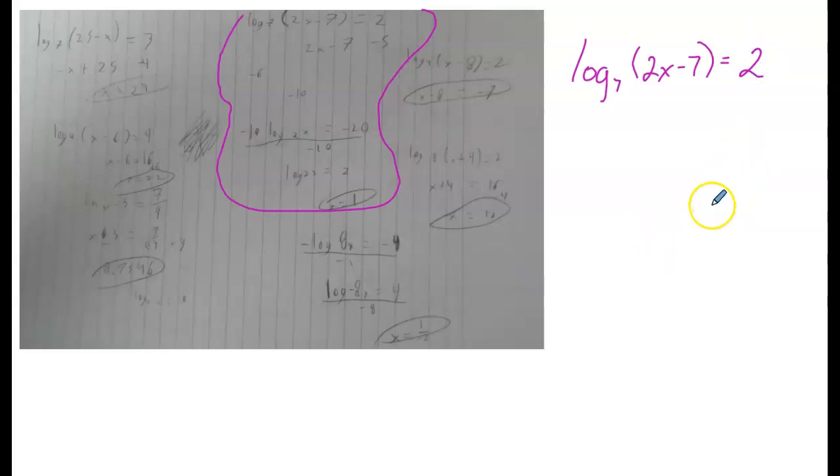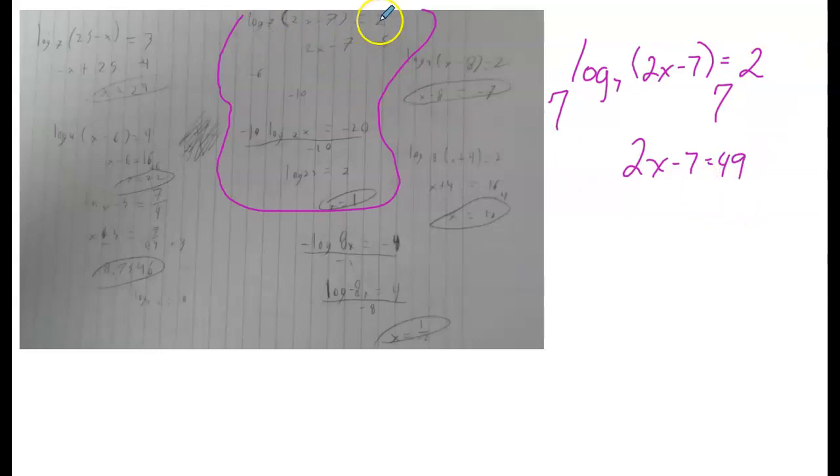And we're going to exponentiate both sides with the base of the log, which is a base of 7. And that brings down the argument of the log by the inverse property, and 7 squared is equal to 49.